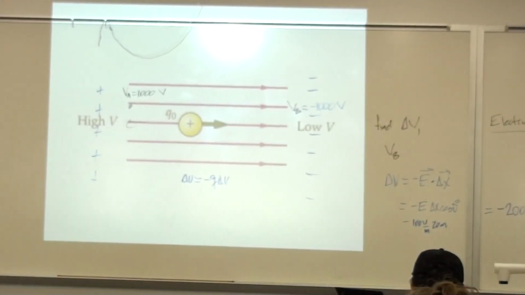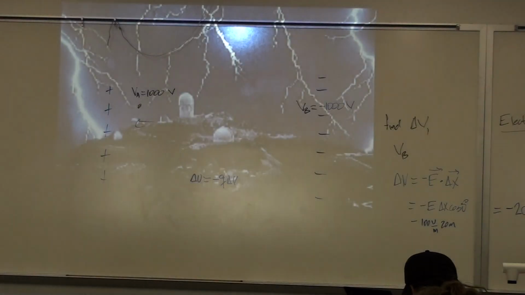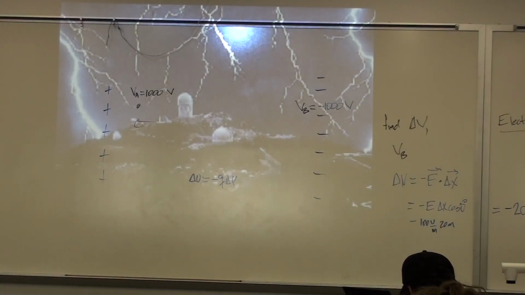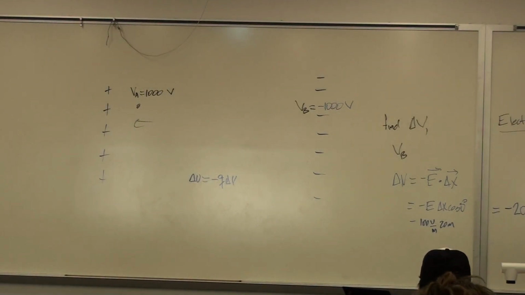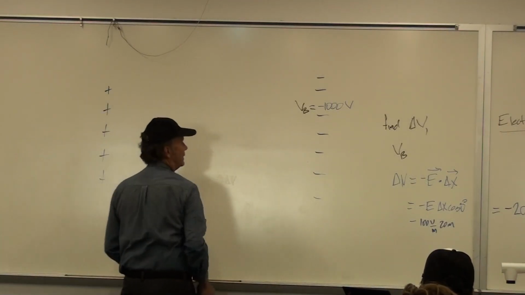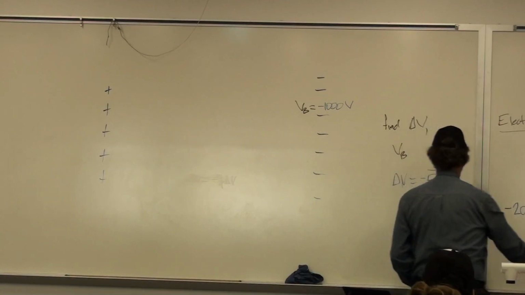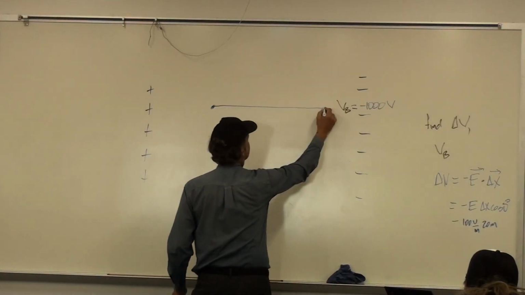All right, so next, what I'd like to do, and there's all kinds of really fun applications of this stuff, but the next thing that I'd like to do is look at this relationship a little more carefully between work and changes in energy. So in this problem, let's say that we have a charge, Q, that is moving through this distance of 20 meters.